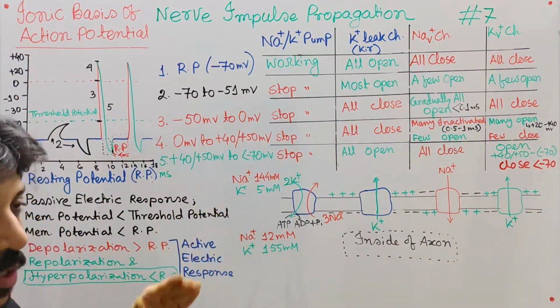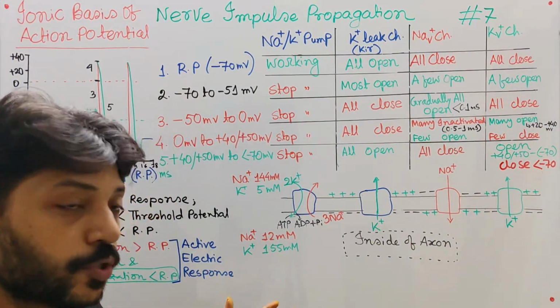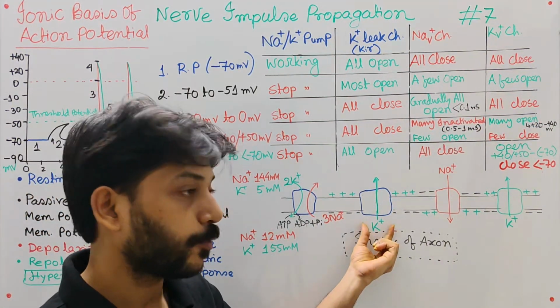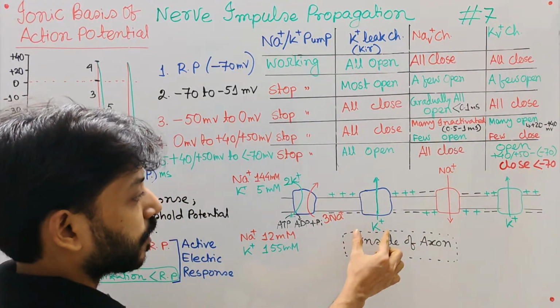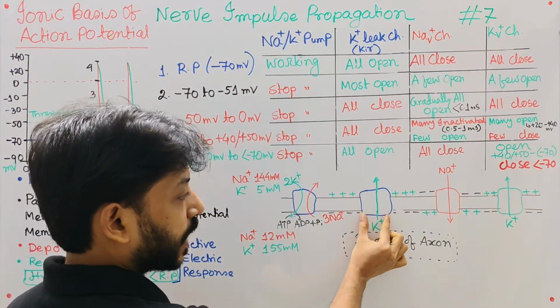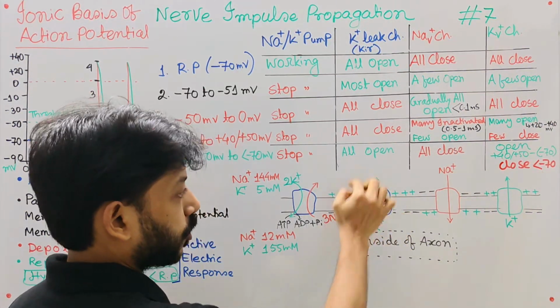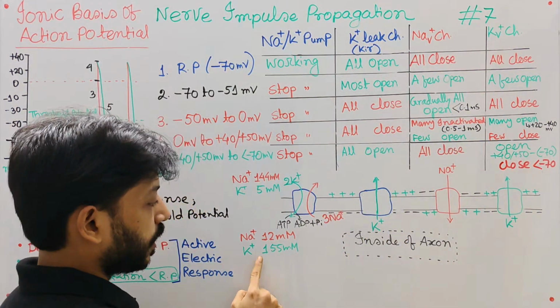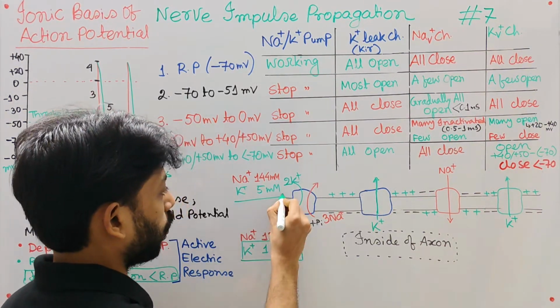Now what is the significance of the generation of this ion concentration gradient? Basically, ions move through the ion channels, and ions move from high to lower concentration. Suppose this is a potassium channel. If this channel is open, the potassium will move from inside to the outside, not in reverse, because the inside concentration is higher and the outside concentration is lower.